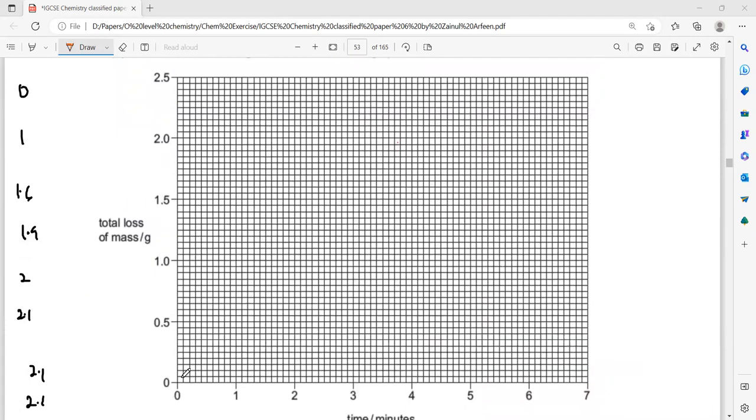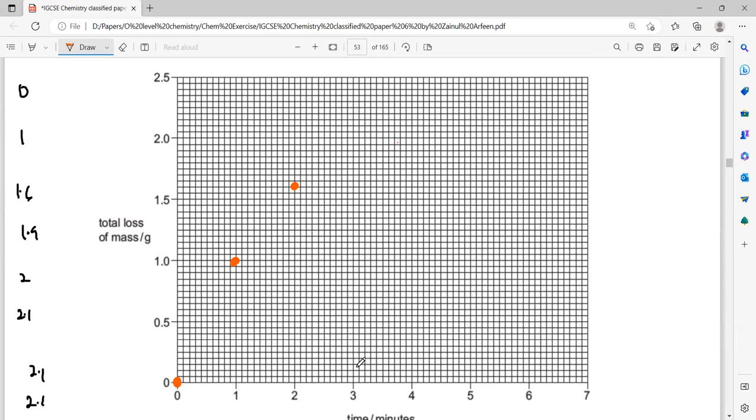So at 0, the change in mass lost was 0. After 1, it was 1. Then after 2, it was 1.6. Two boxes equal 0.1, so one box is 0.05 for the y-axis. So this is 1.5 and the two boxes above will be 1.6.